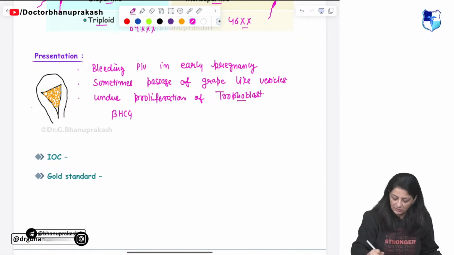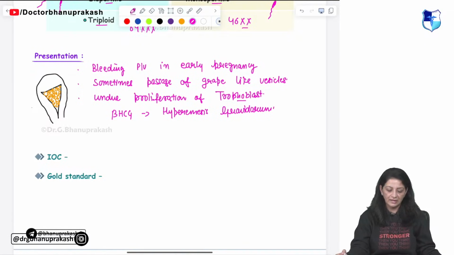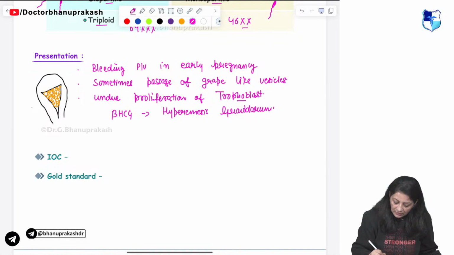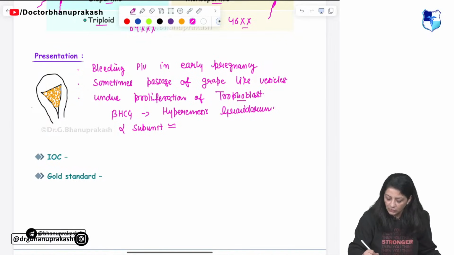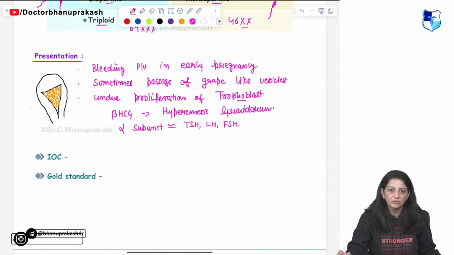So high beta-HCG means hyperemesis gravidarum, excessive vomiting. So HCG has two units, alpha subunit and beta subunit. The alpha subunit of HCG is similar to TSH, follicle stimulating hormone, and luteinizing hormone.